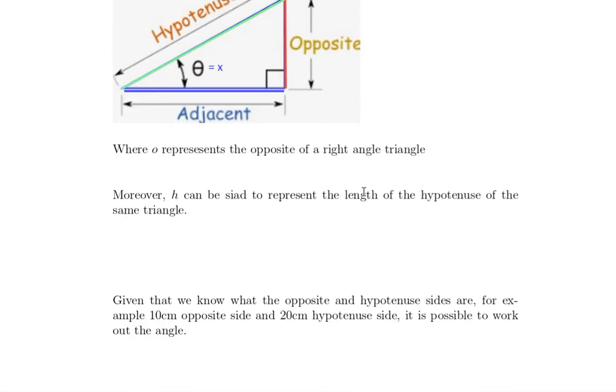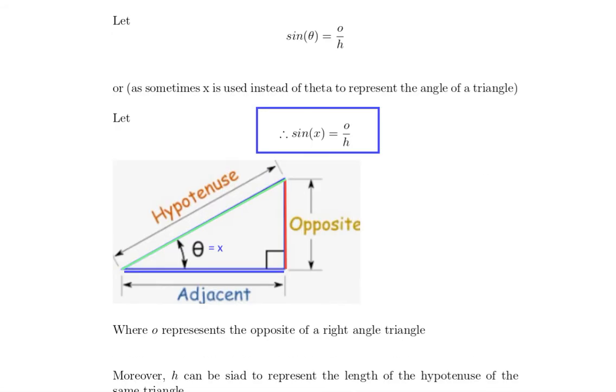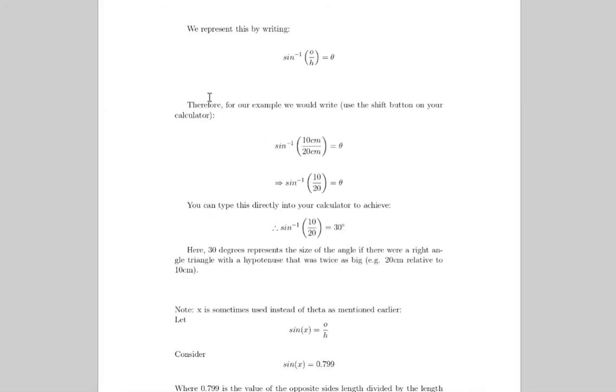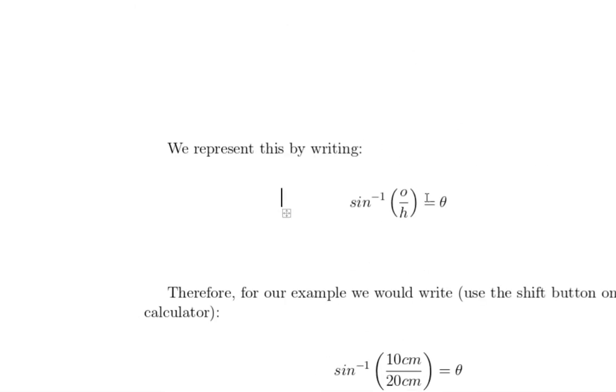So what we're going to do instead is look at working it out with our calculator and what that looks like. When we want to figure out the angle, so let's say my angle is not known, theta, we write sine to the power minus 1.